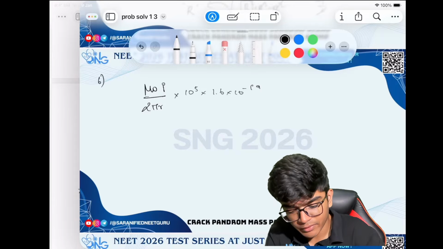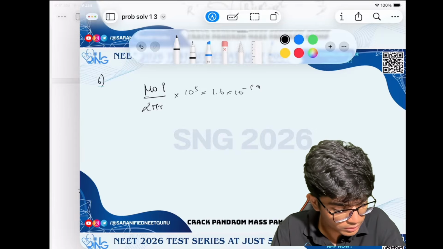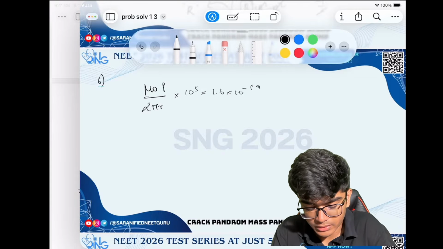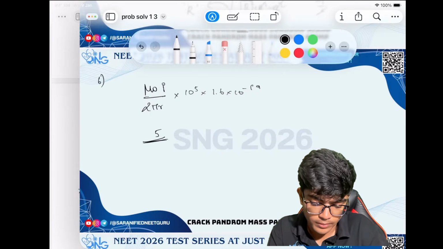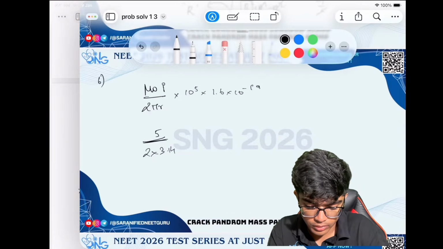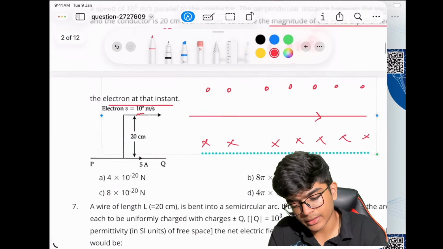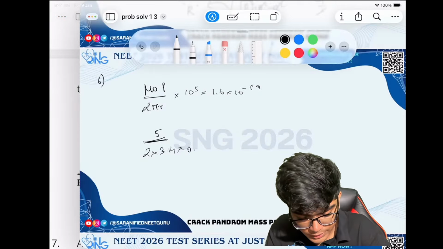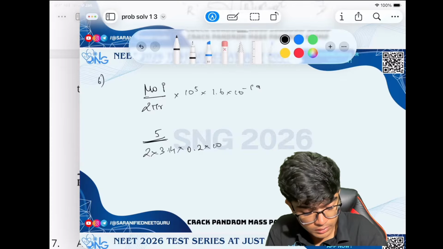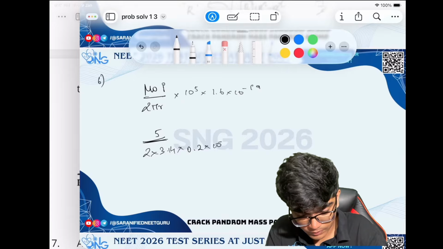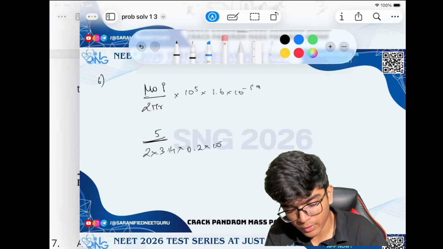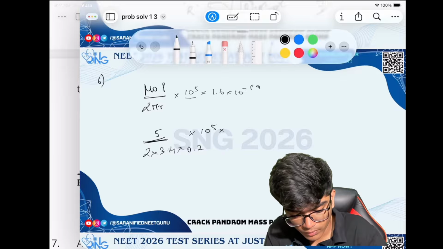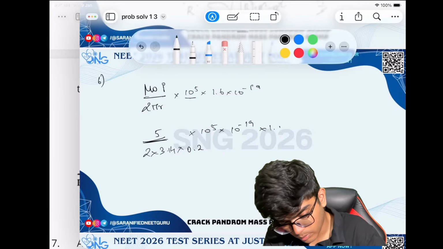Okay, simplify this. What is mu naught? How can we write mu naught? I is 5. 2 pi r is 2 into 3.14 into radius. The radius is nothing but this distance, 0.2, that is 20 centimeters, 0.2 meters, correct. Okay, 2 pi r, then 10 power 5 into 10 power minus 19 into 1.6.